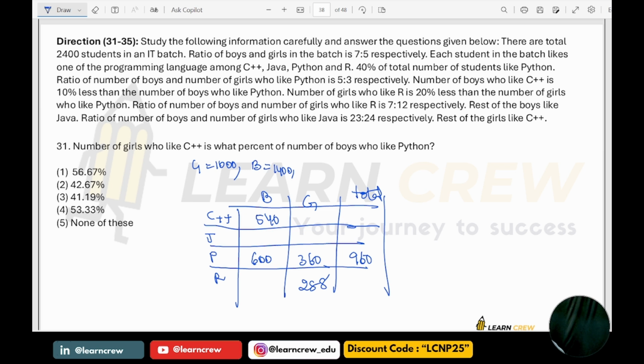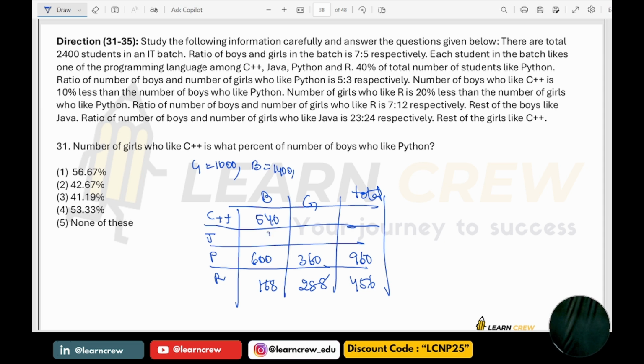The ratio of the number of boys and girls who like R is 7:12. So 12 parts is 288. 12 parts are 288, so 7 parts are 168. So the total will be 456. Now the rest of the boys like Java. Out of total boys 1400, if you subtract this, what is the remaining?